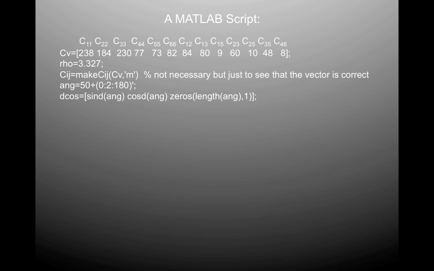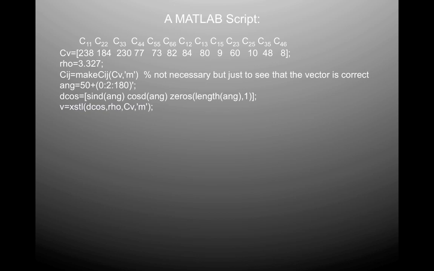So the trigonometric functions with a suffix of d mean the argument going in is an angle in degrees rather than an angle in radians. So the first column is the sine of the angle, the second column is the cosine of the angles, and the third column is a bunch of zeros, and we have to define a vector that's the same length as our angles.